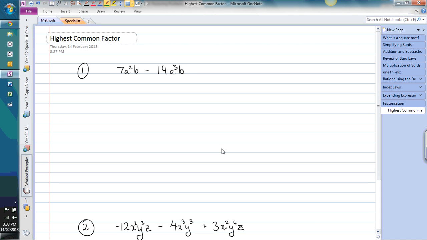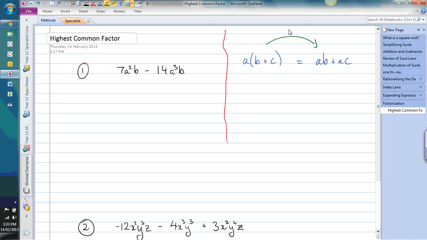Today we're going to look at factorization, and in particular we're going to look at 4 different methods for factorizing expressions. If you remember, when we say factorization, we mean just the opposite of expansion. While with expanding we were going from something that looked like this to something that looked like this.